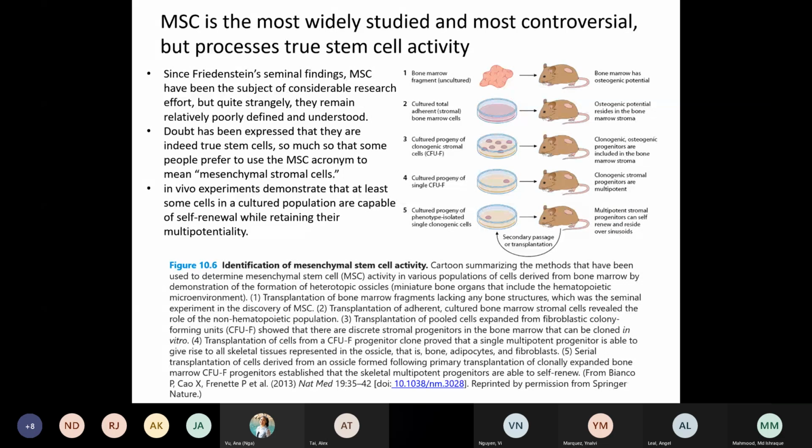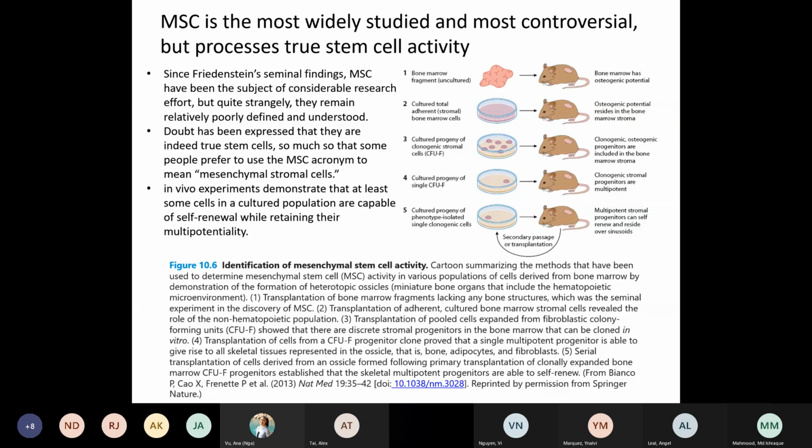At one point, some people in the research field hated this so much that they proposed in journals that we shouldn't call these mesenchymal stem cells. We should just say mesenchymal stroma cells. The name stroma means tissues that play supporting roles, such as blood vessels and connective tissue in an organ.